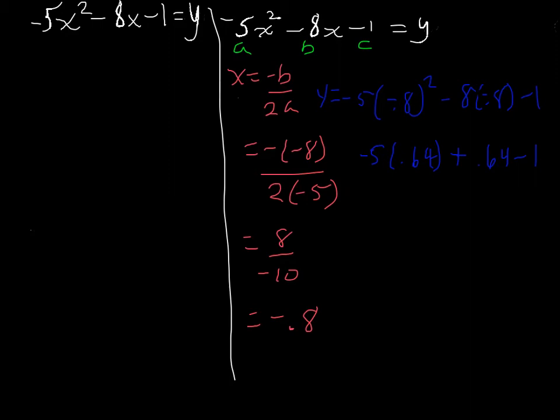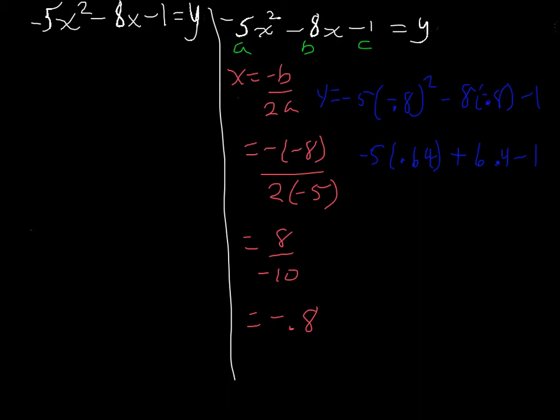Excuse me, not 0.64, 6.4. Getting all confused here. Try that again. Plus 6.4. Alright, there we go. Put those decimals in to make them a little easier to see for you guys.